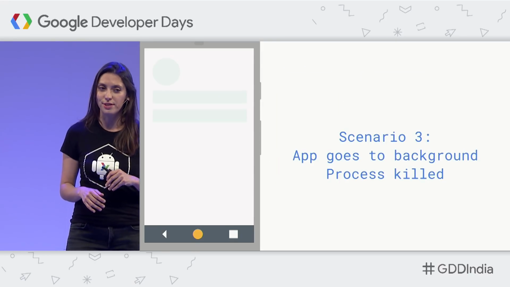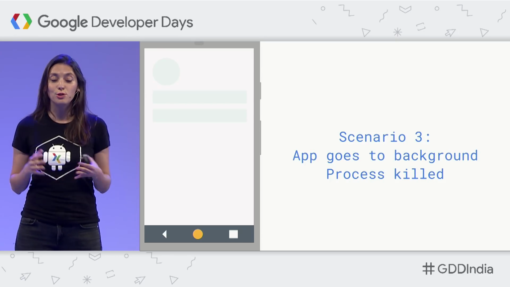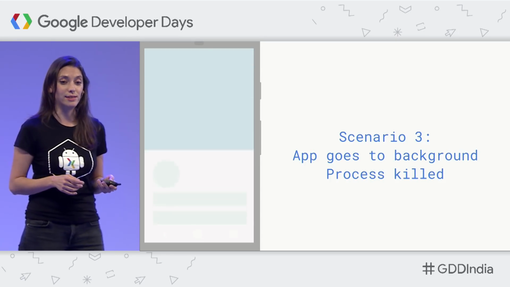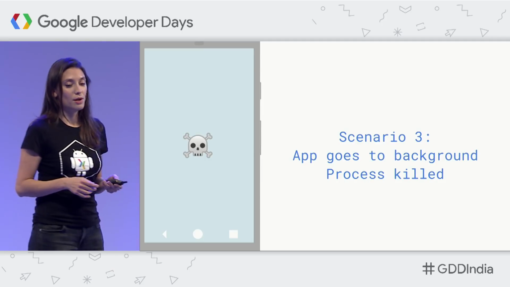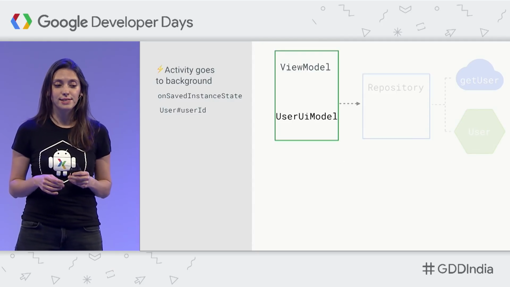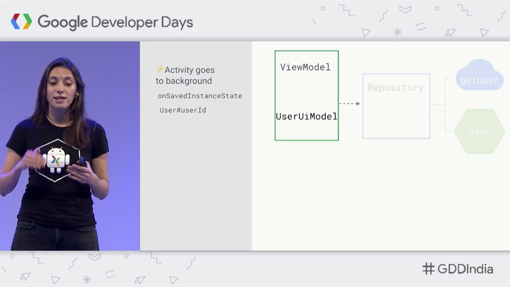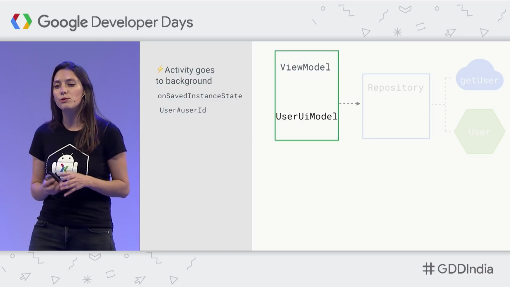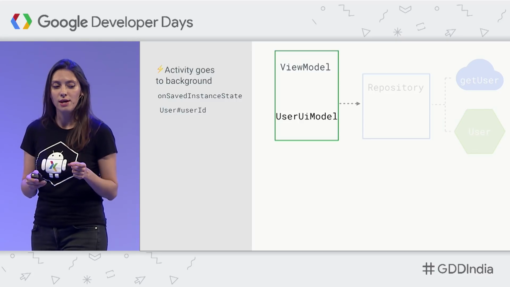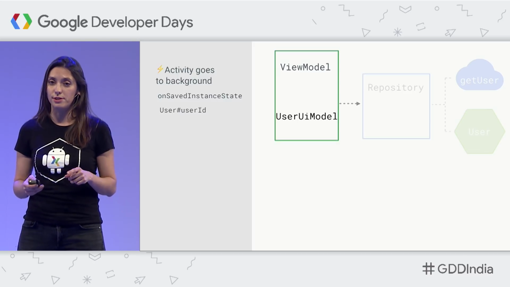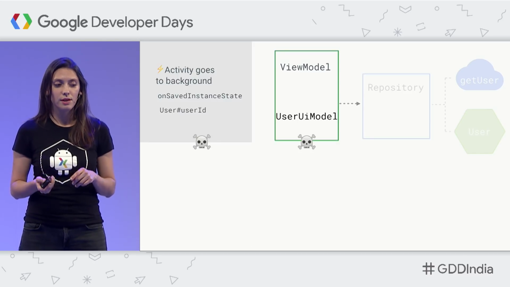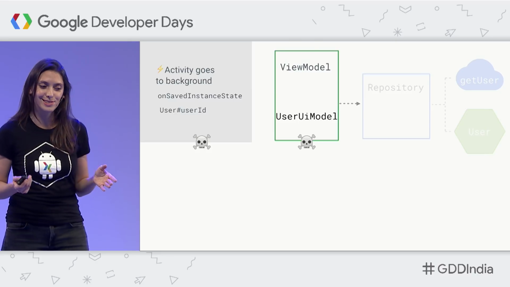But scenario 3, the most interesting one: when the app goes to background and the process is killed. Well, in this case, when the activity goes to background, onSavedInstanceState is called. So this is the place where we can save the user ID of our user. And then the activity gets killed.